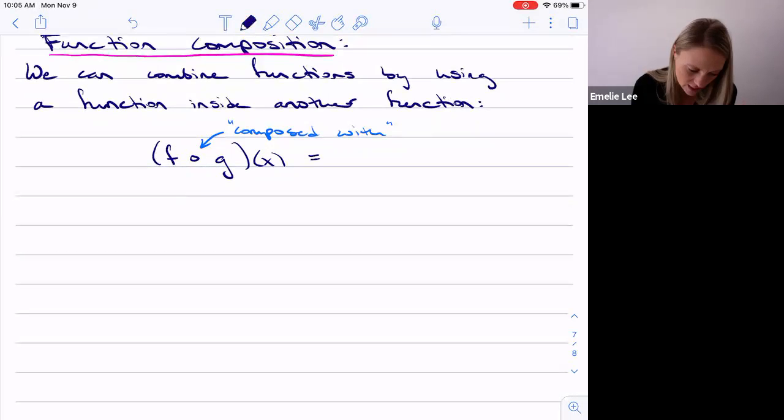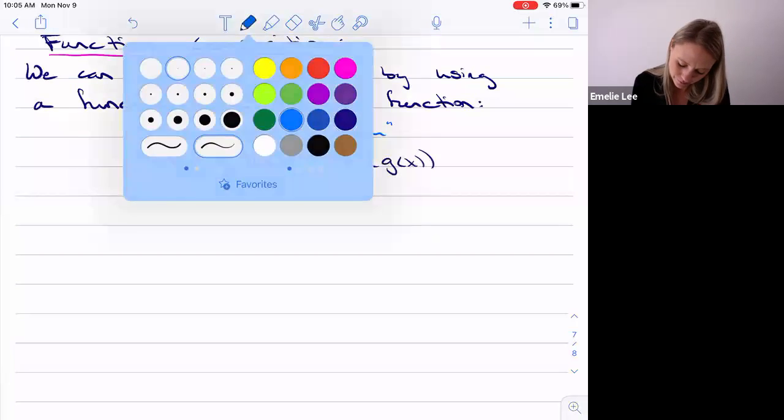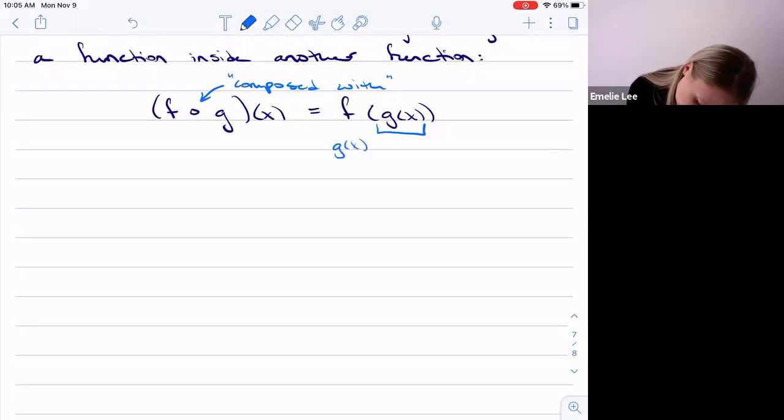But really all we're saying is that that's the same as f of g of x. So when I see this, f composed with g of x, how I read it is f of g of x, because then I remind myself that g of x replaces x in f of x.